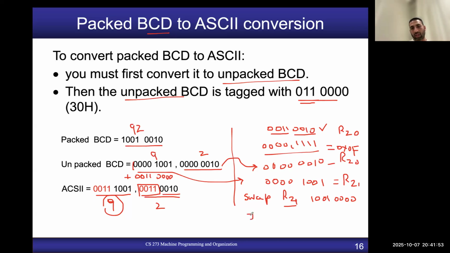And now if I simply OR R21 and R20, let me write it. When you do the OR operation, you will get 0, 1, 0, 0 and then 1, 0, 0, 1, which is again the packed BCD form of 92.